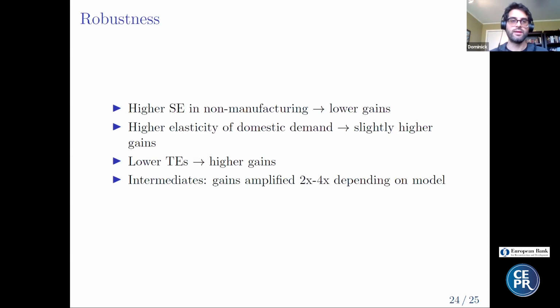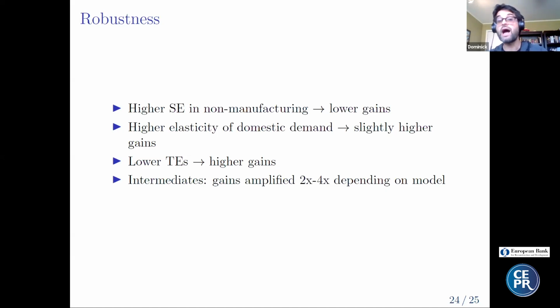Okay, let me last mention a few robustness things. If you have higher scale economies in non-manufacturing than our baseline, that tends to give you lower gains. So the gains that we report are an upper bound with respect to that counterfactual.